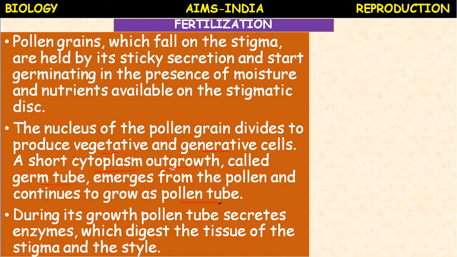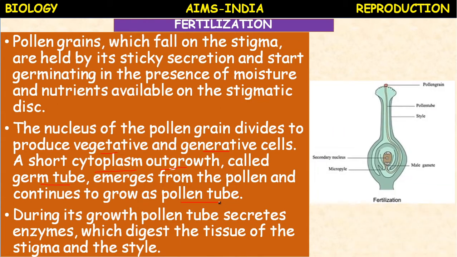They will disappear by the end of fertilization. As soon as the pollen grain reaches the sticky stigma, it germinates to produce the pollen tube, which later digests the style and stigma.